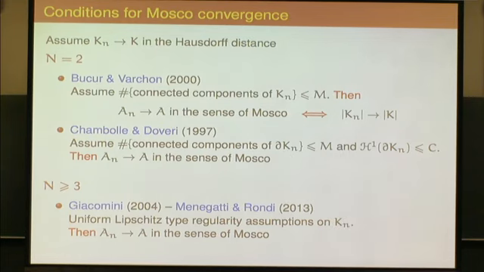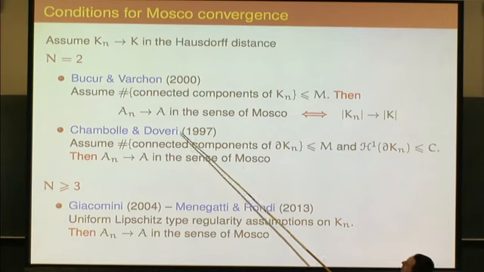If this is not the case, the Neumann sieve examples give you a counterexample. This is almost a necessary condition. Then you have convergence in the sense of Mosco if and only if you have convergence in measure. Since this is a necessary condition, this result is almost optimal, I would say.